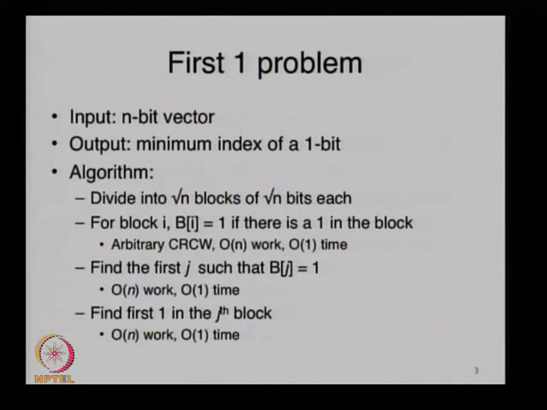Here, the input is n processors. For one block of length root n, there will be n processors involved, and there are root n such blocks. In the original algorithm you said that for an array of length n, there will be n squared processors involved.